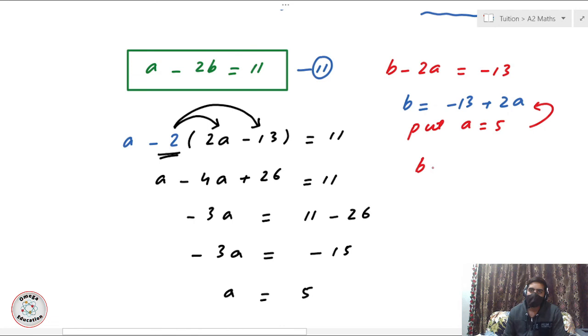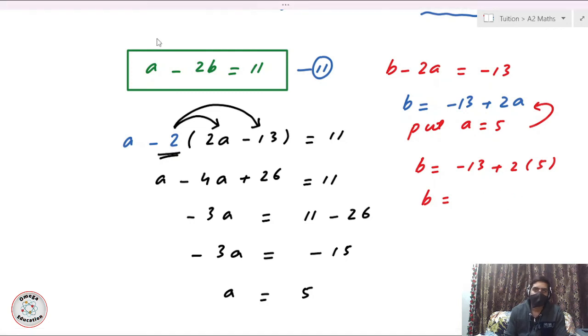So b equals negative 13 plus 2 times 5, equals minus 13 plus 10, and that gives us b equals negative 3.